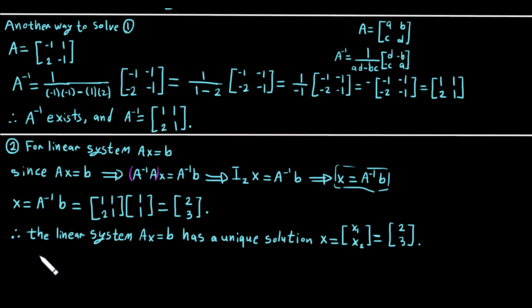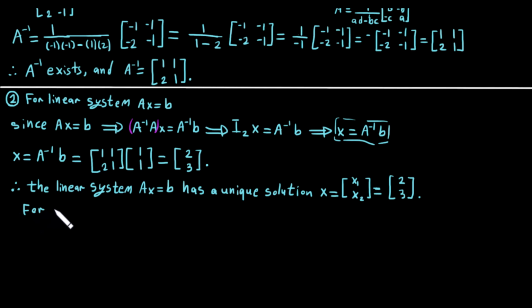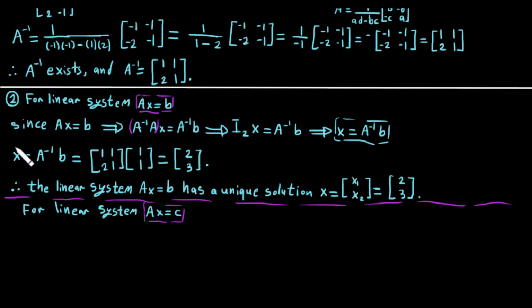That's it here. Now we want to solve the linear system AX equal C. So here we have solved this AX equal B. Now we want to solve AX equal C. I will write exactly as this, but instead of B, I will change it to C. So here I will write, since AX equal C, we have to multiply from the left by A inverse, and here by A inverse.